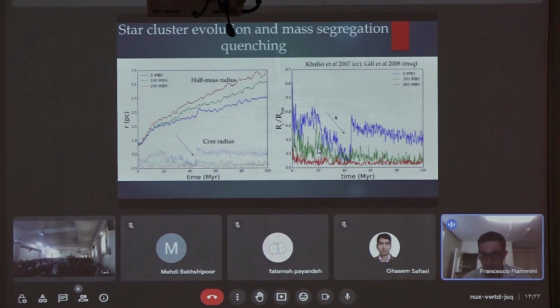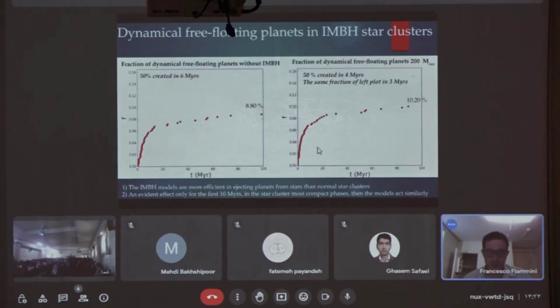So as you see, the core collapse is prevented due to the presence of the intermediate mass black hole. And this is important, as you will see, for the evolution of the stars, the free-floating planets and the planetary systems.